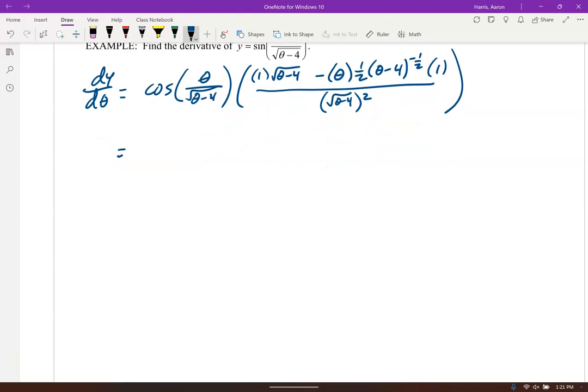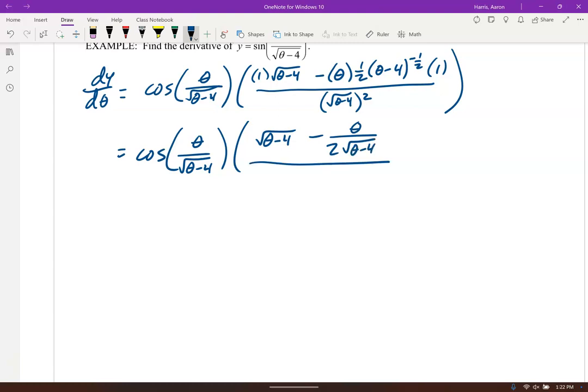And so now we just have to clean this up. And then this is all over theta minus square root of theta minus 4 squared, so that'll just undo the radical.